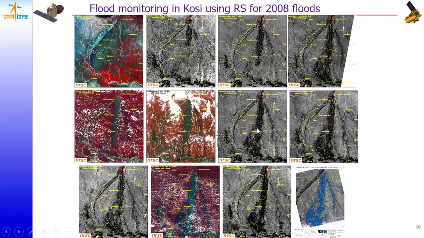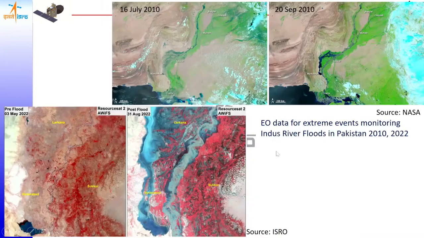So this will help us to plan in the future, and also to make the flood hazard maps. So if you have 30 years of satellite data, you know which pixels or areas are flooded each year, which are flooded once in 30 years. So this will also help us to make our flood plain management plans in a better way.